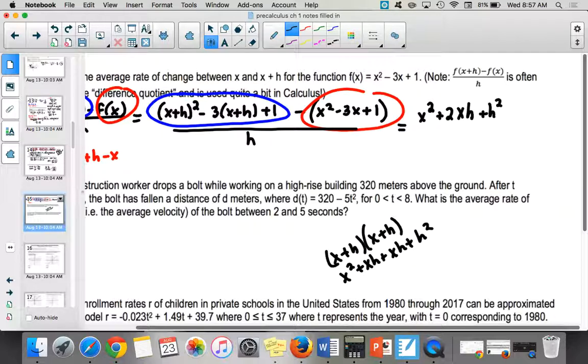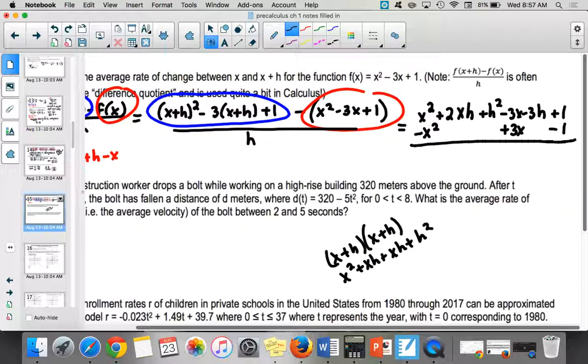Then we have minus, we're going to do 3x minus 3h plus 1. I'm going to do a double-decker numerator. Can we handle the double-decker numerator? Do you know what I mean by that? So I'm going to do minus x squared. I'm going to line them up too. Plus 3x minus 1.